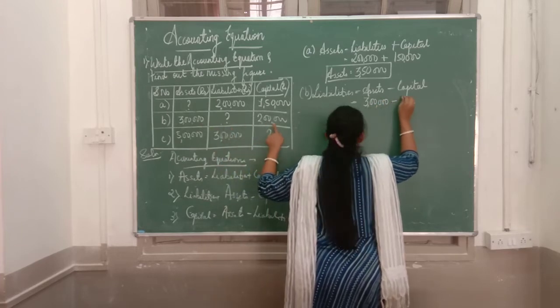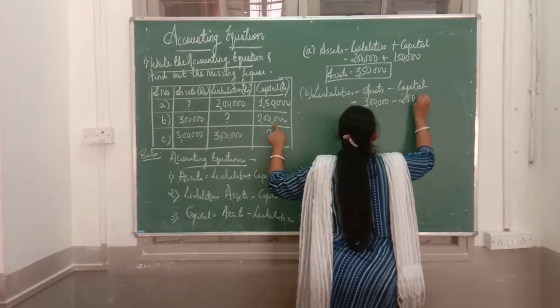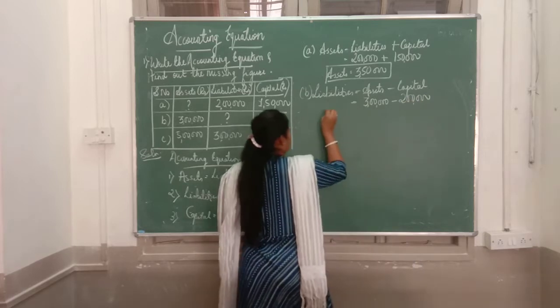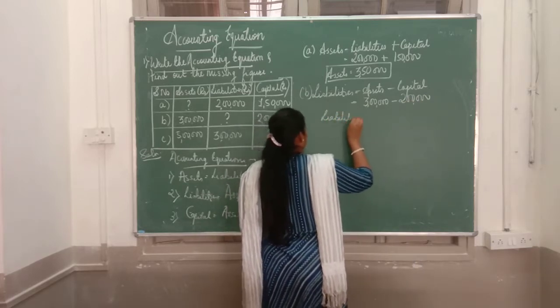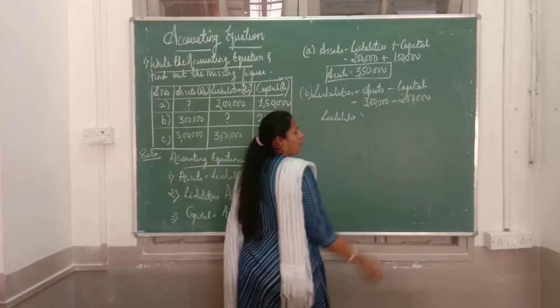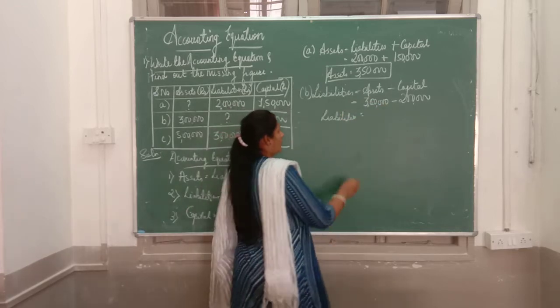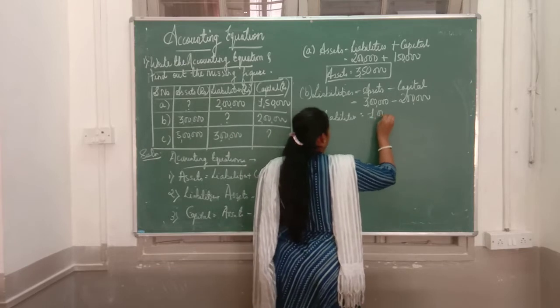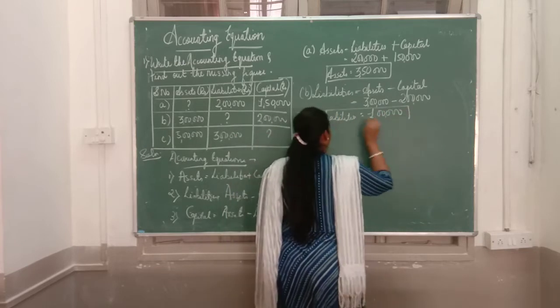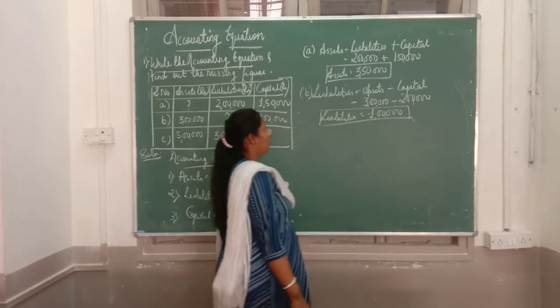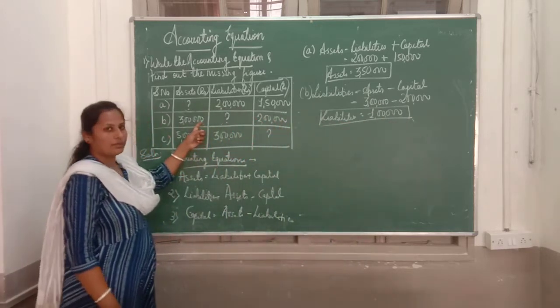Capital is how much? 2 lakh. So how much are the liabilities? Therefore, liabilities is equal to 3 lakh minus 2 lakh, which is 1 lakh. So we have completed the B part.